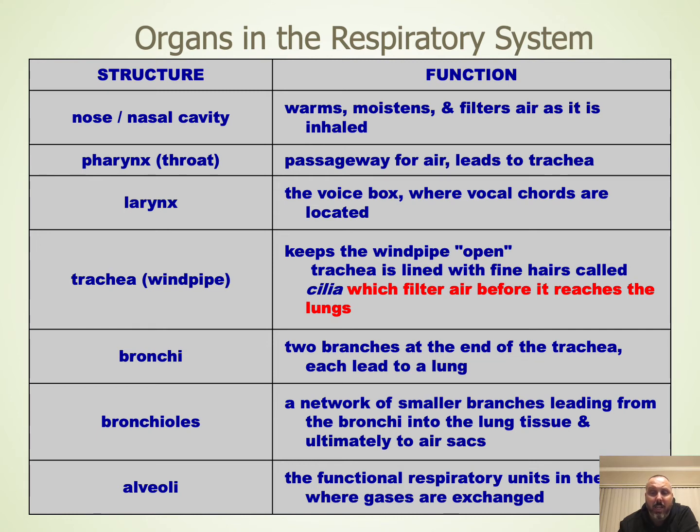So where we actually take the oxygen from outside in the air and take it into our blood, so then we can transport it back to the heart and then out to the body. Okay, so it ties in, like I said, with the cardiovascular system. They've both got really important roles to play together.